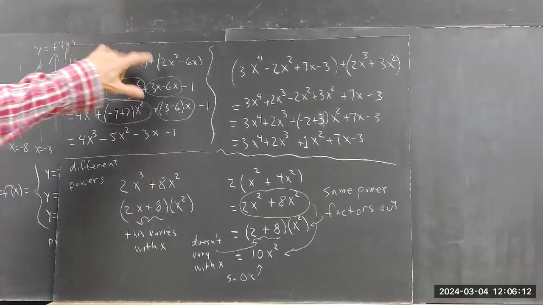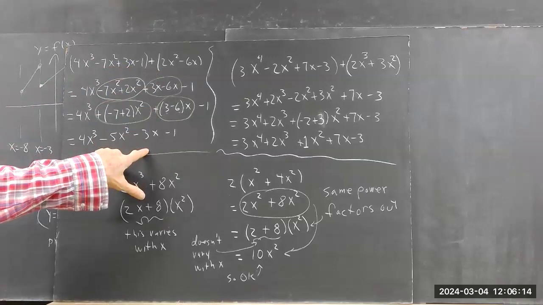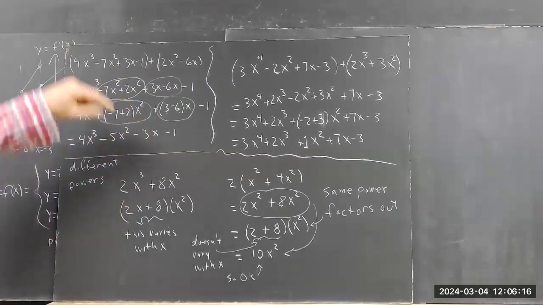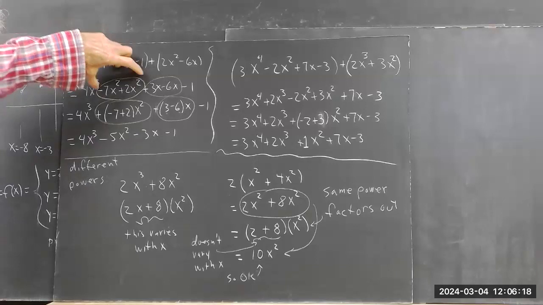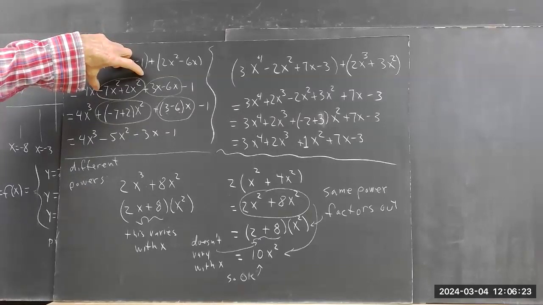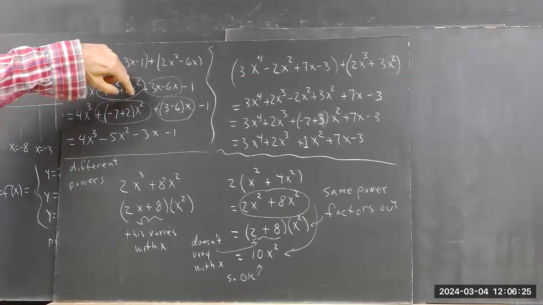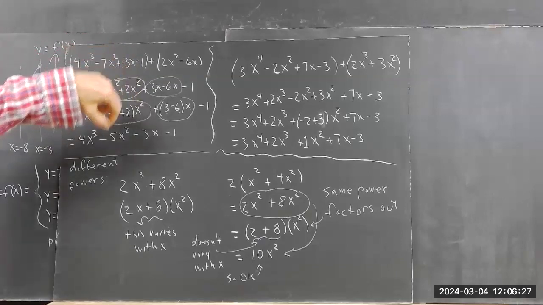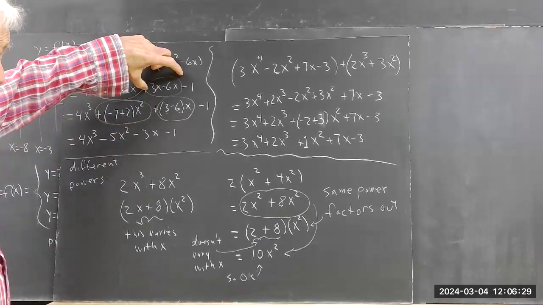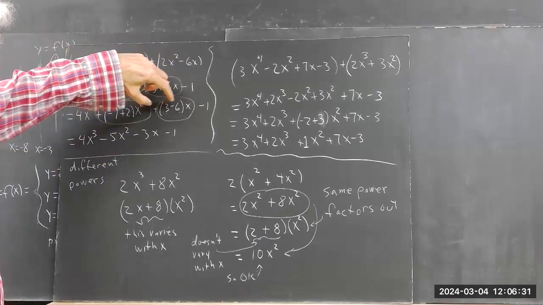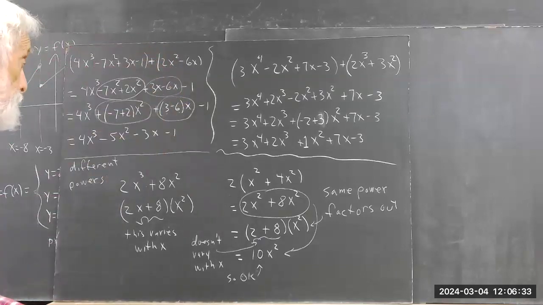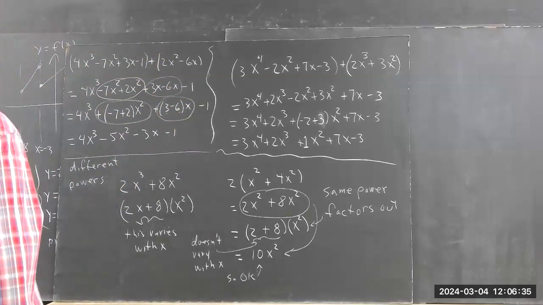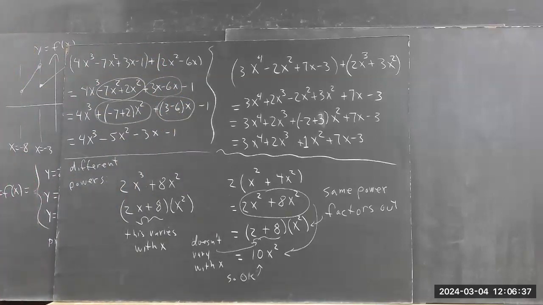For any number x, this expression up here has to equal this expression here, because for any number x, -7x squared plus 2x squared is the same as quantity -7 plus 2 multiplied by x squared. And the 3x minus 6x is the same as quantity 3 minus 6 multiplied by x. Okay.